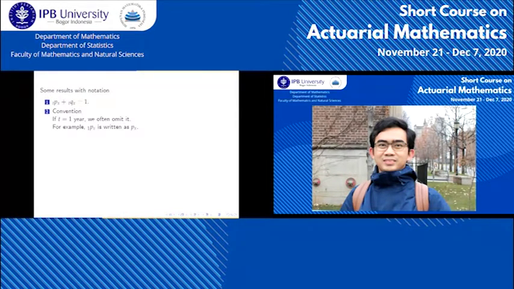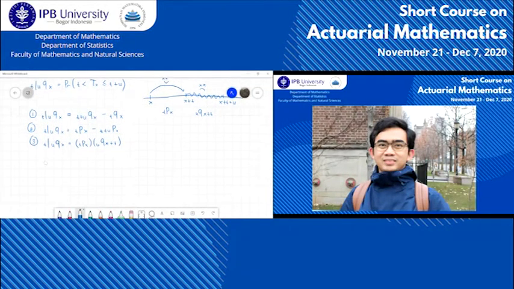By convention, if t is equal to 1 year, we often omit it. For example, 1px is written as px. Also 1qx is written as qx. t bar 1qx is written as t bar qx.